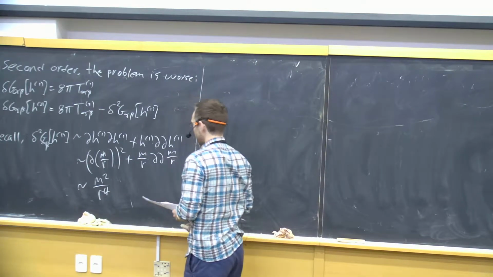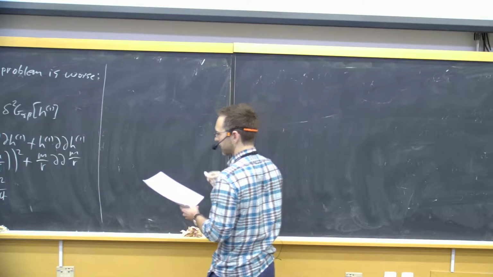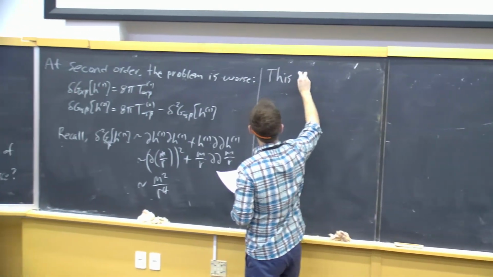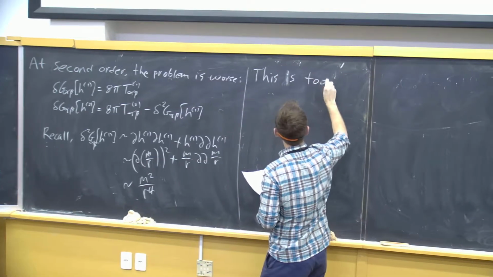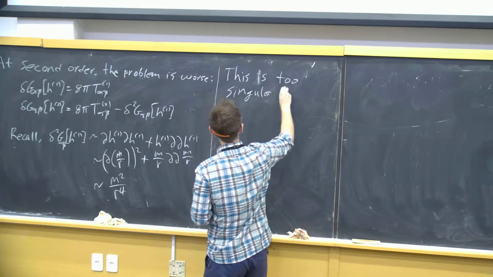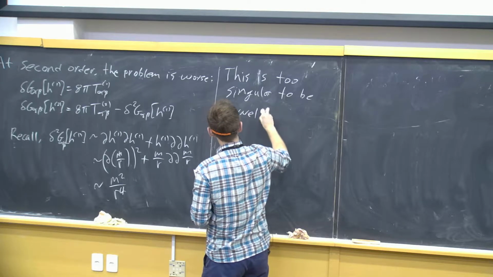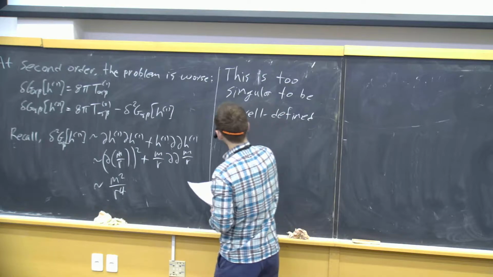And when I say diverges very strongly, I mean something kind of strict in the mathematical sense. This is too singular to be a well-defined distributional source.